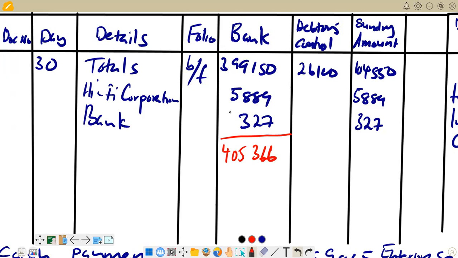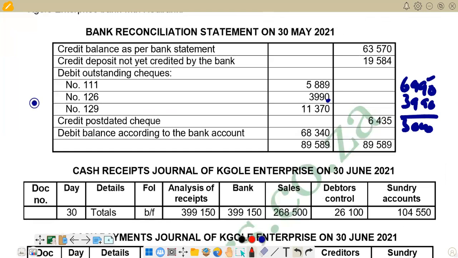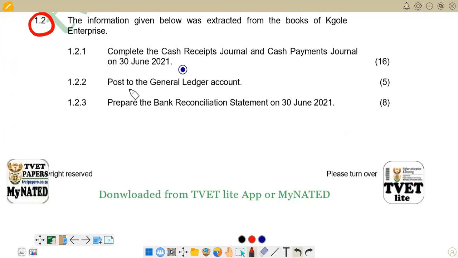Then after that, remember on the next part of the question, we can go back to the question to clarify the next assignment that we have there. You have to post to the general ledger account. So the general ledger account is to open the bank account.